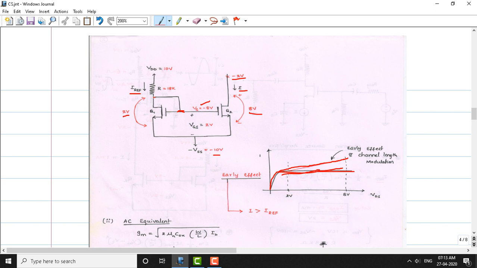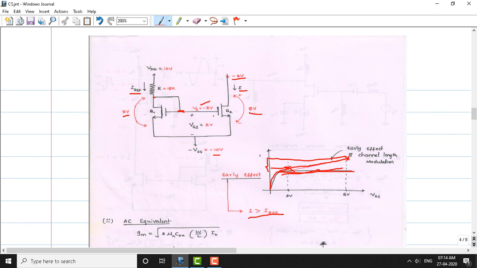For 2 volts drain source voltage here, we may have some current here, and for 8 volts drain source voltage here, we may have some different current here. You can see the current levels are totally different now. So this difference shows that I is not equal to I reference. I is greater than I reference here.